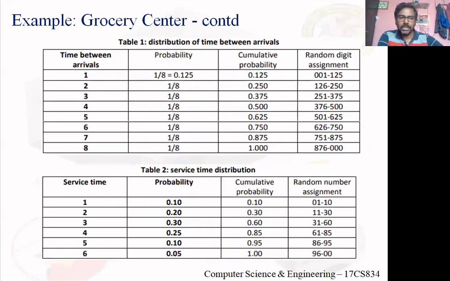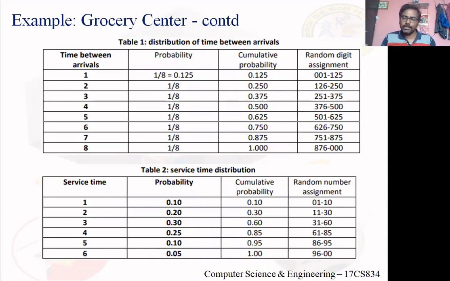Instead, I will give you the probability distribution for each of the possible inter-arrival times and each of the possible service times. Through that probability distribution, you need to generate this random digit assignment. And you know how to generate this random digit assignment?